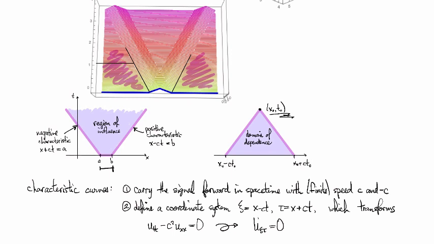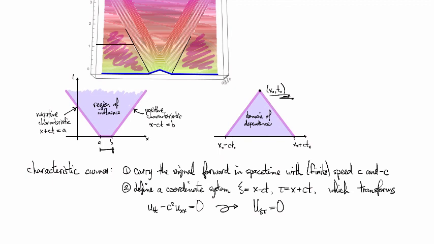Let me make that a capital U. And so the key point is that for hyperbolic PDEs, this always happens. Hyperbolic PDEs always have characteristic curves that play these roles.